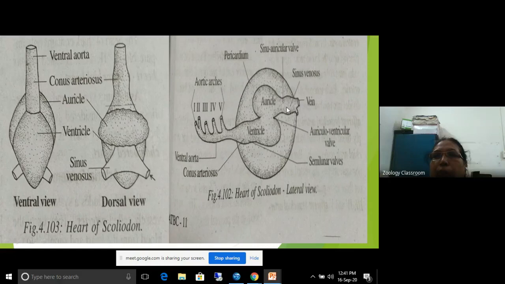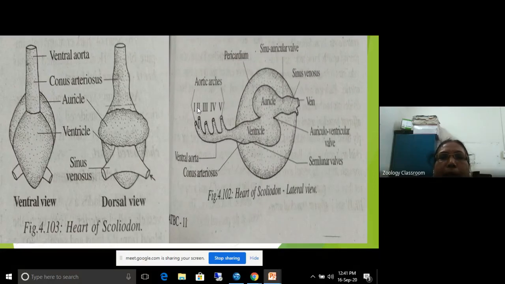The sinus venosus opens into the auricle by the sino-auricular aperture, and the auricle is thin and elastic in nature. The auricle opens into the ventricle by the auriculo-ventricular valve, and the ventricle is thick and muscular. This ventricle then opens into the conus arteriosus.